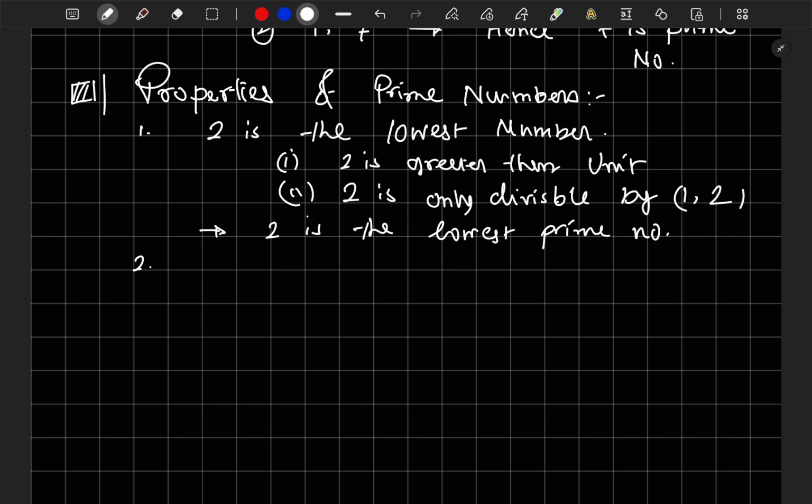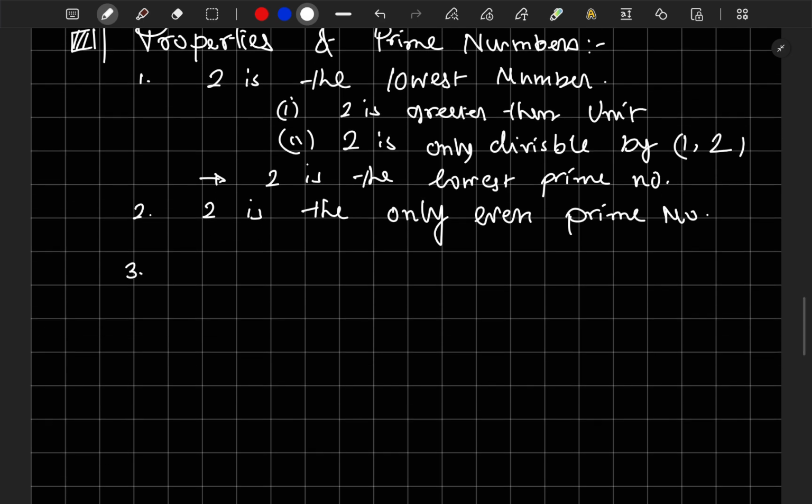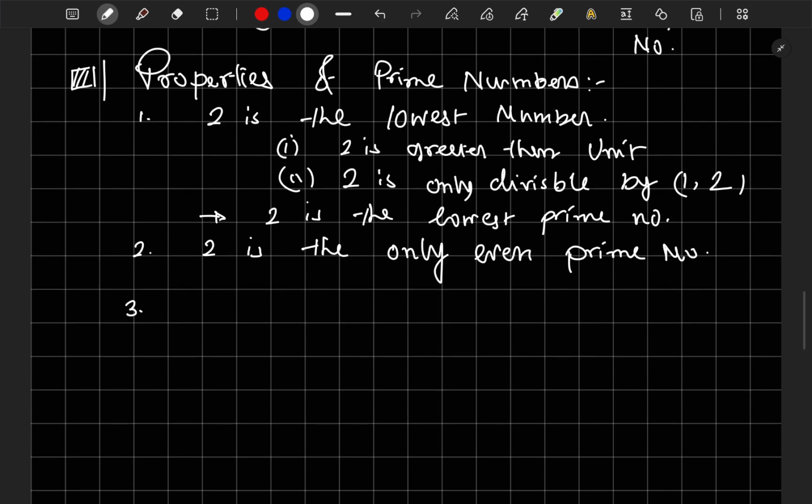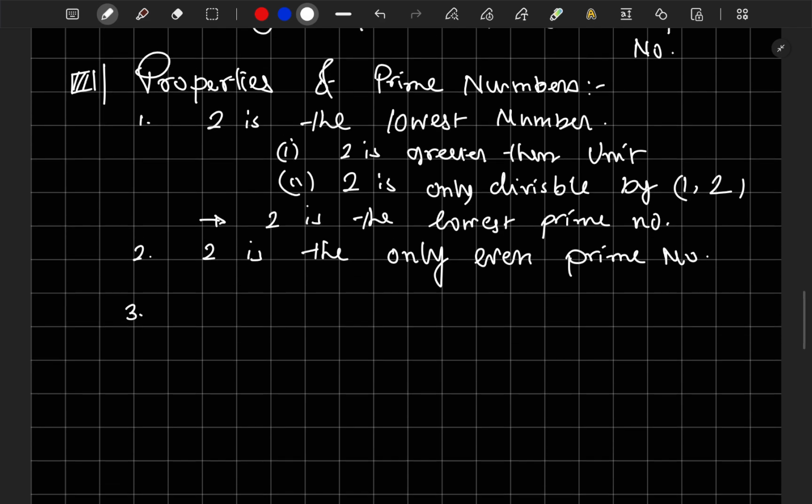Another property is that the lowest odd prime number is 3. So it is very obvious, the lowest odd prime number is 3.